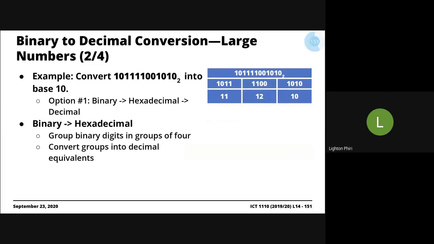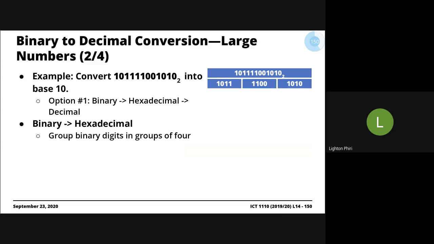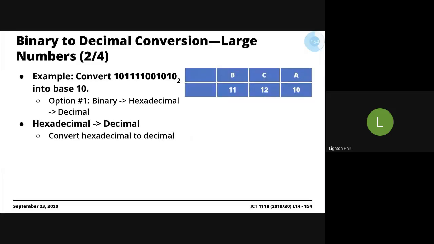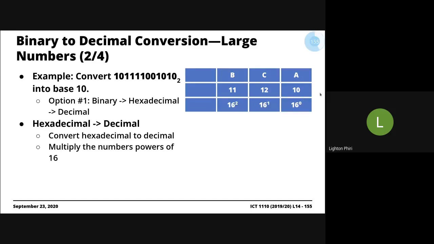You first convert the binary number into hex because it's a lot easier, then you convert that hex number into decimal. How do you do this? By repeated multiplication, converting the symbols into their decimal equivalents and then multiplying them by their powers of 16.